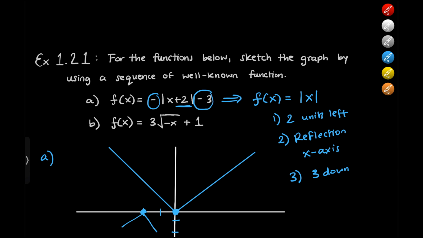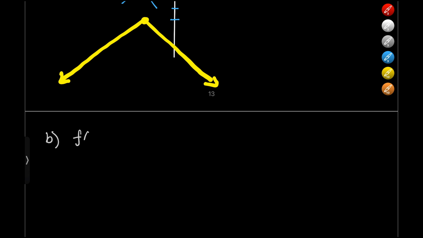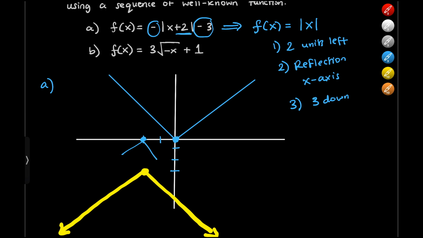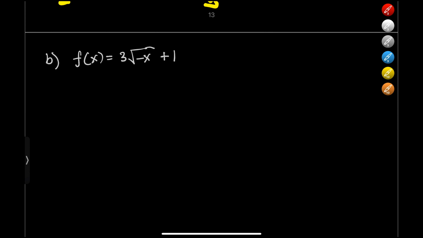B, let me rewrite that. f of x is equal to 3 times root negative x plus 1. So let's first draw a graph.